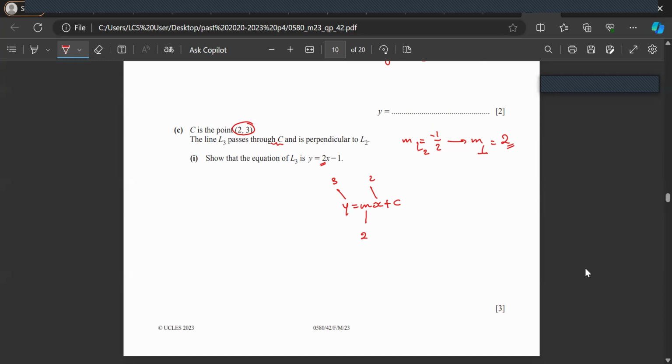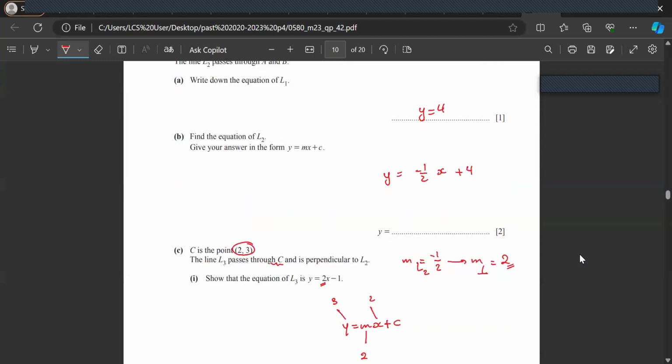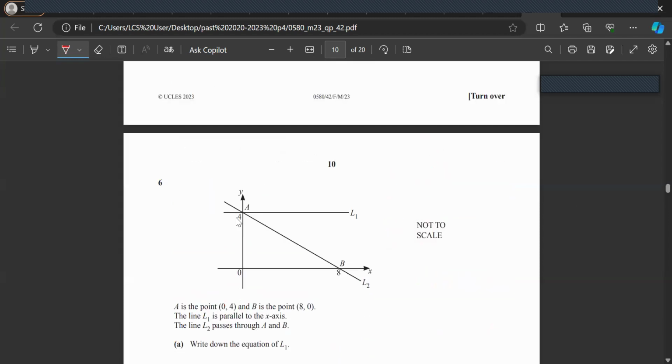Say the question again, please. Up. Sorry. Why is it plus 4? Because if you go to the line, you will find the y-intercept equals 4. Okay, sorry, I didn't see. Okay.